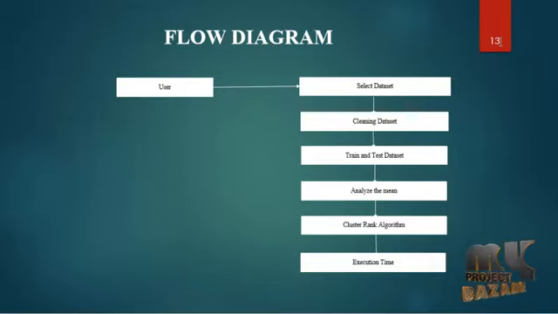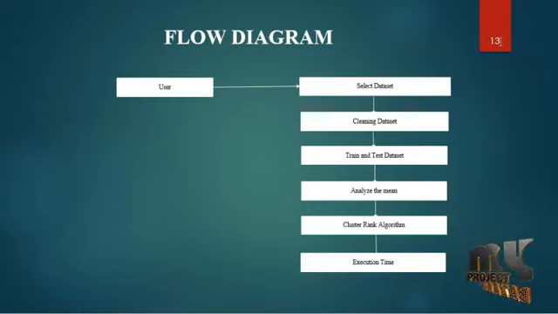Mean means the final mean of the particular value. Cluster rank means it will cluster and rank the values of the iris dataset. So finally we are measuring the execution time for the overall process. Clustering means we cluster, and it will mark the star with the specified rank.